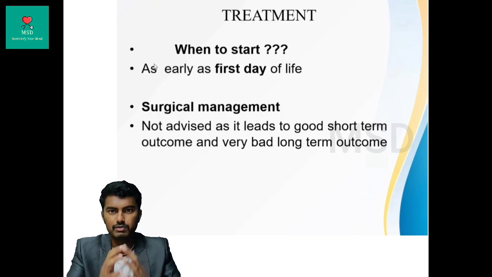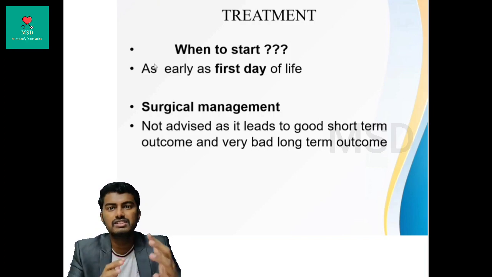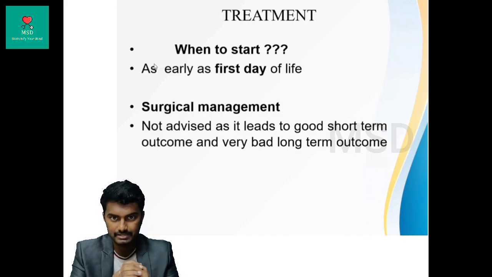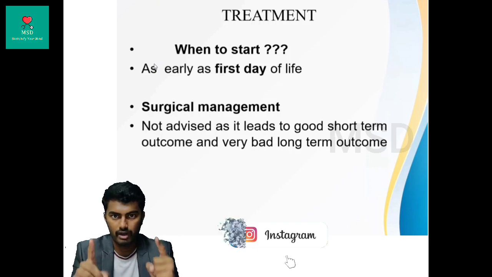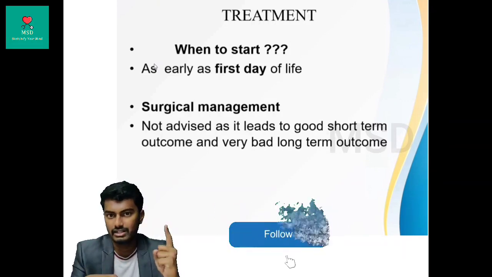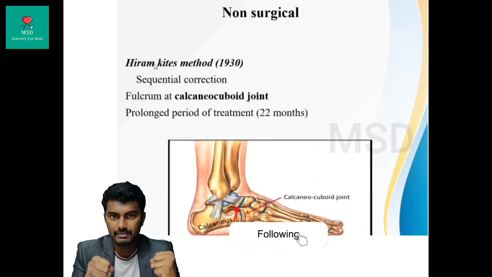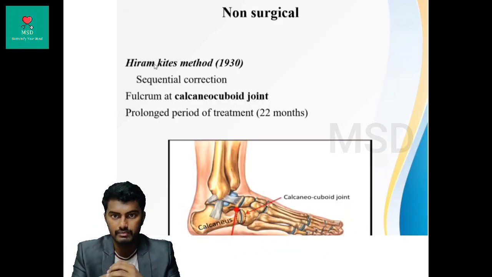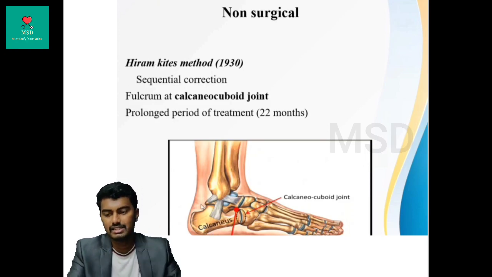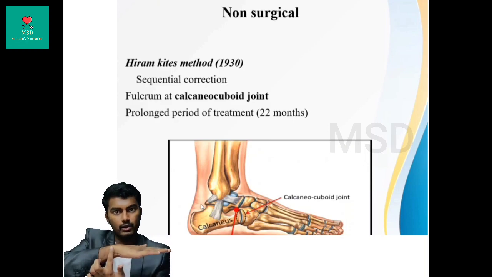Then comes your conservative mode of treatment. So the first pioneer was Hiram Kite. What he did was, he suggested each deformity should be corrected one by one, sequential correction of the deformities. And from the manipulation point of view, he kept his fulcrum at the calcaneocuboid joint. As we can see in the picture, this is the calcaneocuboid joint, and he kept his finger at the calcaneocuboid joint and tried to abduct.